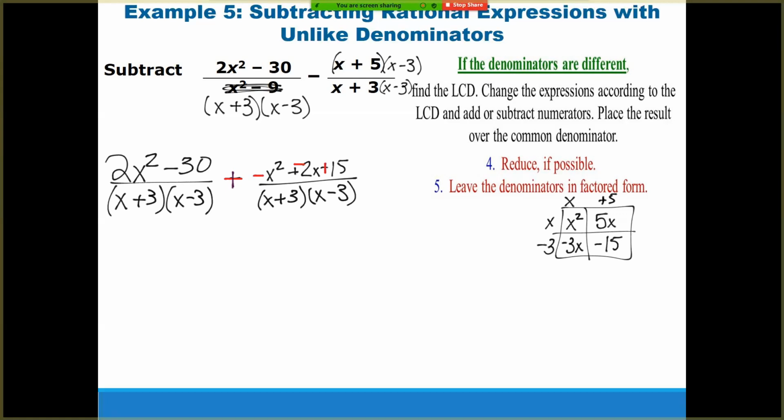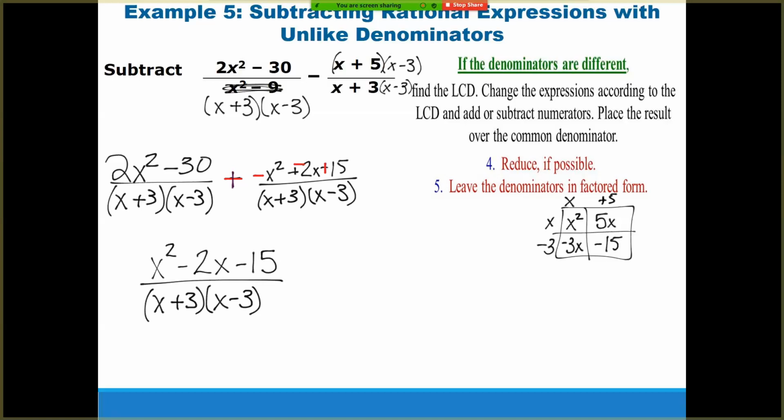Now for our next step, we want to go through and combine like terms. We're keeping our common denominator. When you combine like terms, you have 2x squared minus x squared, which is 1x squared, or just x squared. You have no other x terms but the negative 2x, so minus 2x. Then negative 30 plus 15 is negative 15.